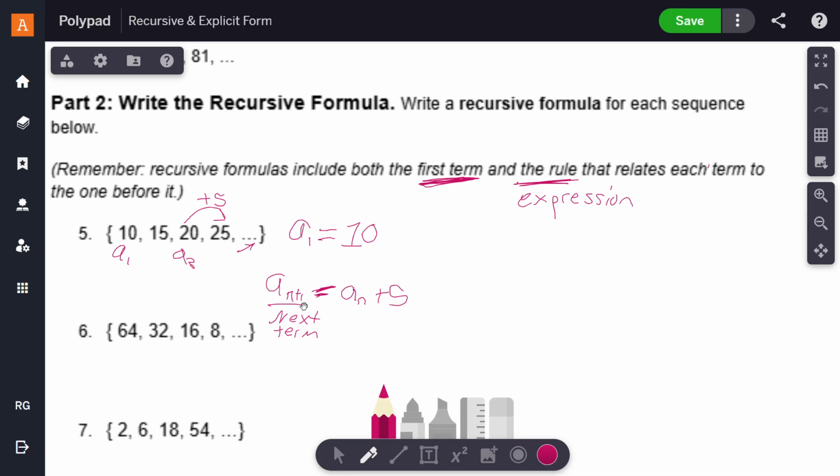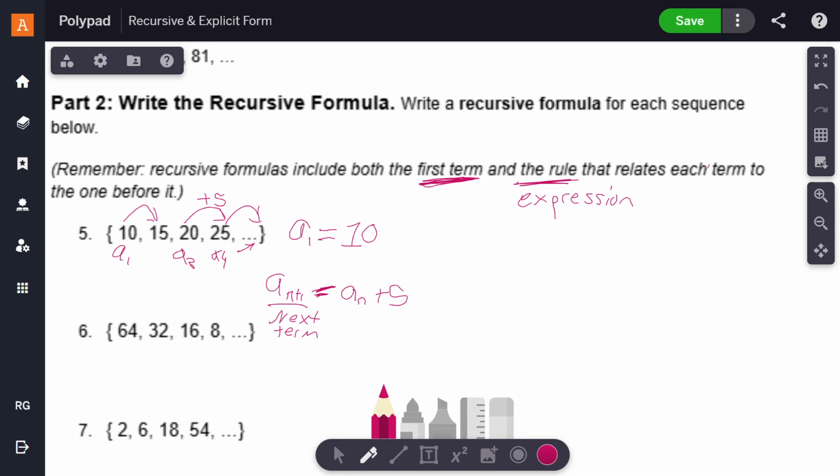And again, n stays as a variable because I can use this recursive formula to represent how to go from any of these terms to the next, right? To go from the fourth term, A4, to the fifth, I would use the same formula.